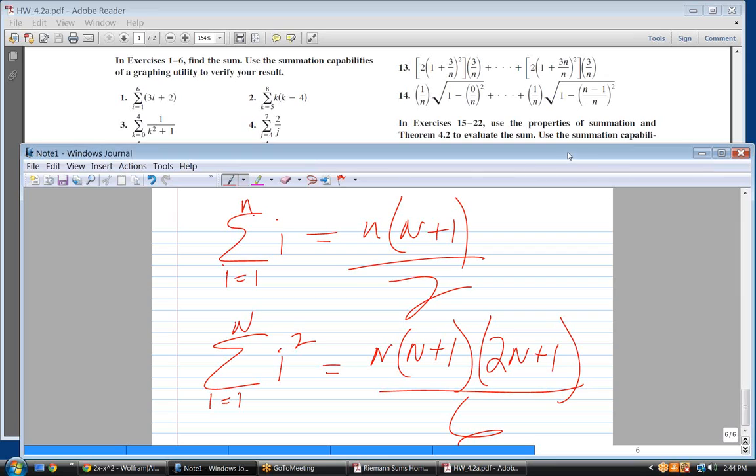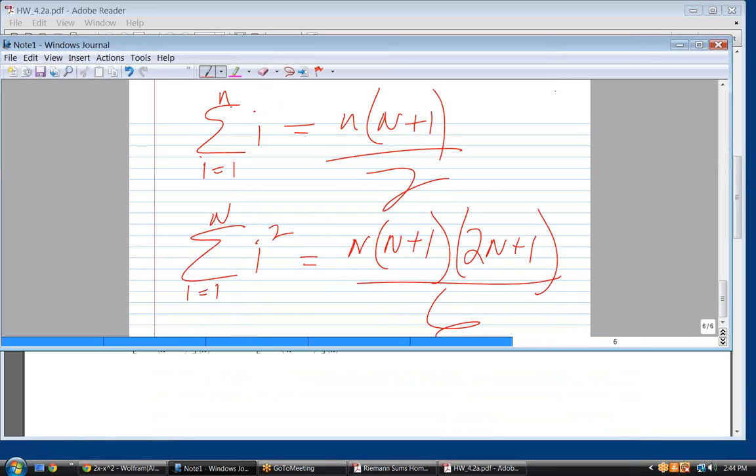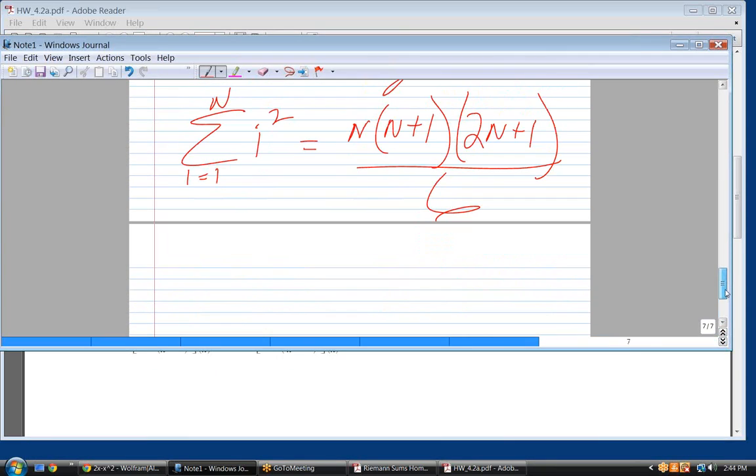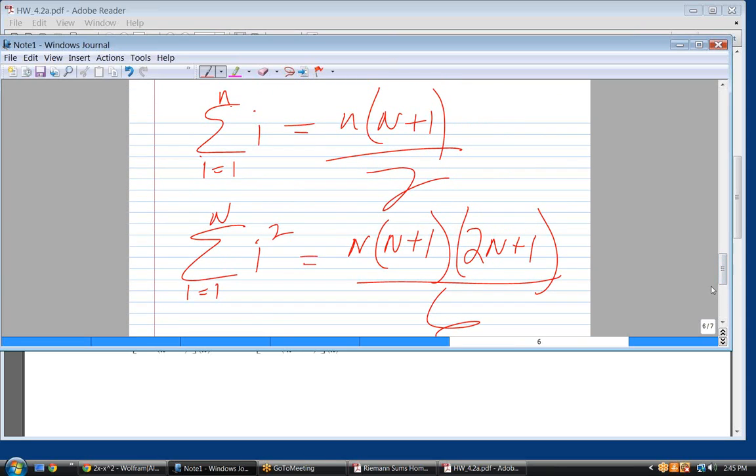So, let's use the second identity to figure out, make sure you understand what they mean here. I didn't mean the second identity, I actually meant the first identity, that identity.